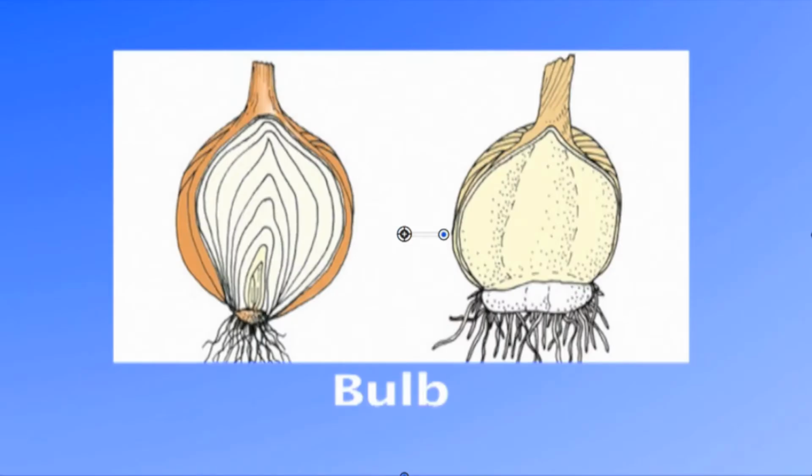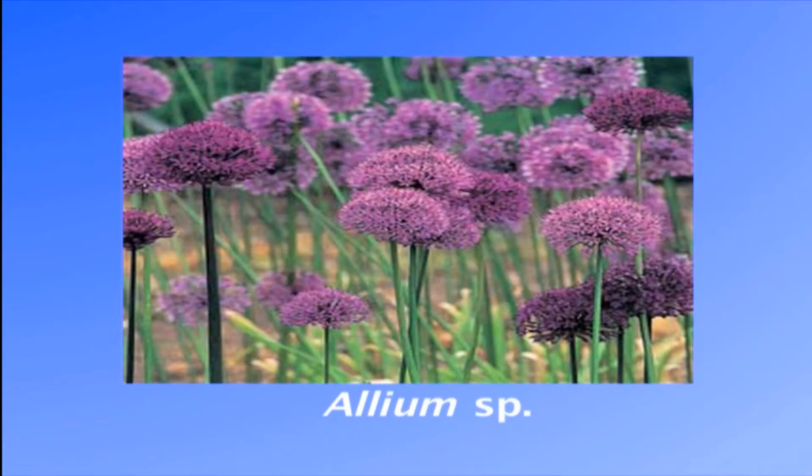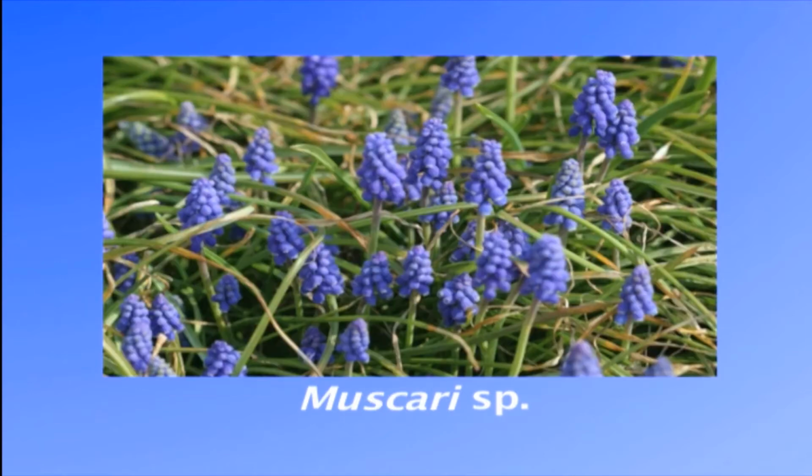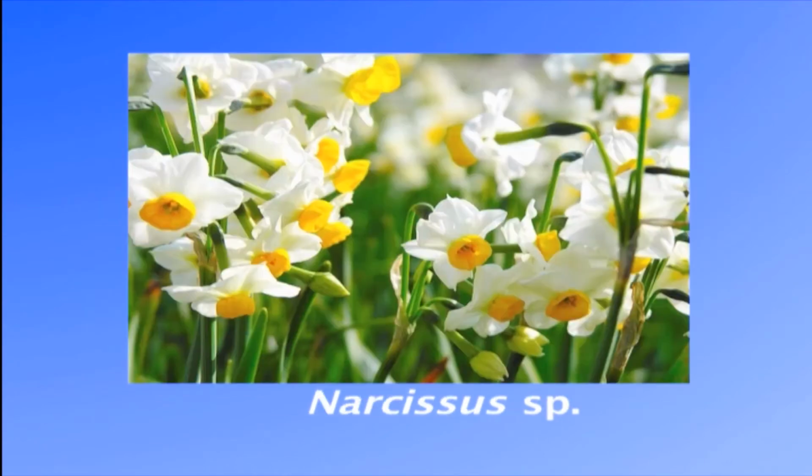The bulb consists of a modified stem base and modified leaves which act as food storage organs. The roots arise from the lower side of the stem base or disc and the stem and leaves from the upper side. The common bulbous perennials are allium, tulipa, muscari, lilium and narcissus.